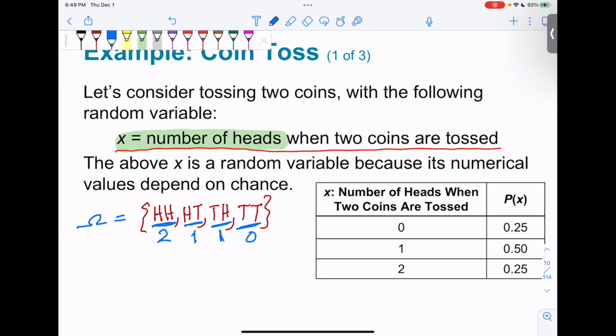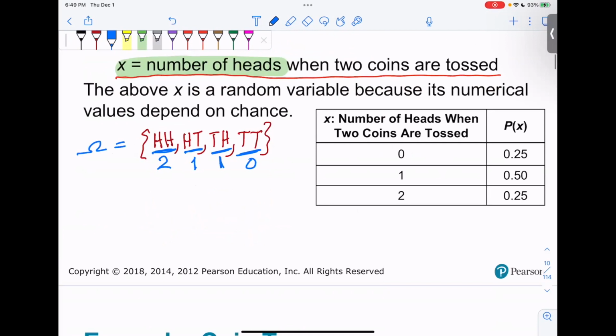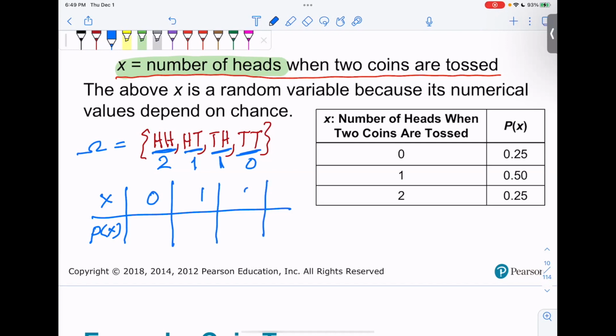So now the values that this random variable will take, each single value without repeating, will be 0, 1, 2. Okay? So now this is our X, and this is probability of X. The values we said are 0, 1, 2.